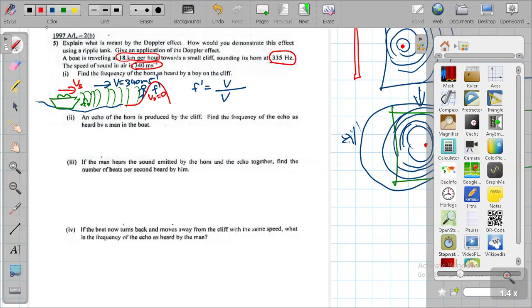Now consider who is the king. I told you the observer is the king. The source is not the king. So it is the moving source, so you have to put that in the bottom with the minus sign to make it higher. When the denominator drops, the value increases. So f naught. Let me apply the values here.